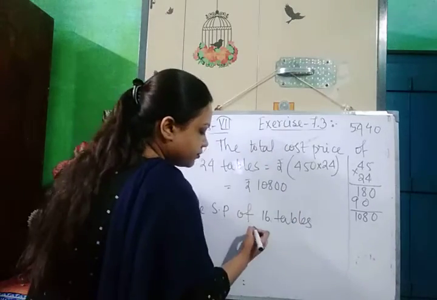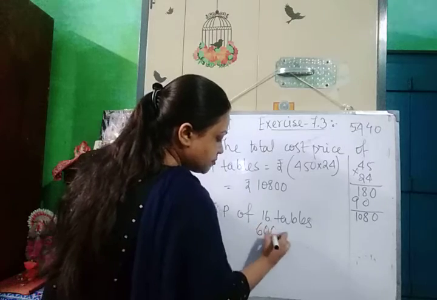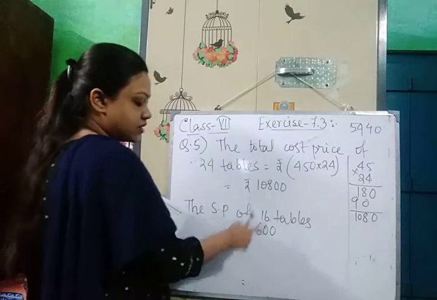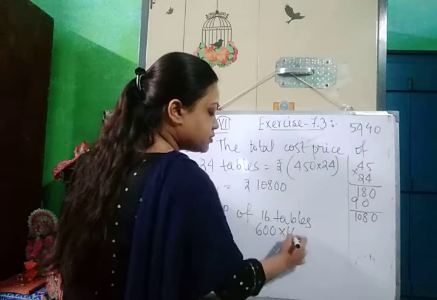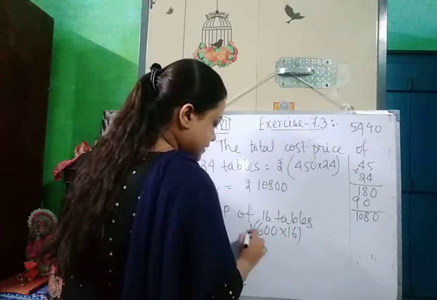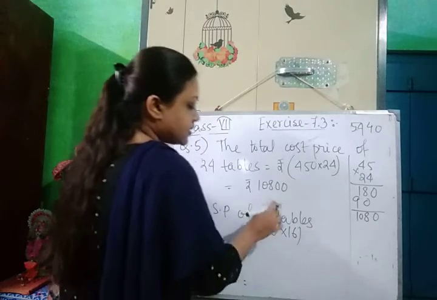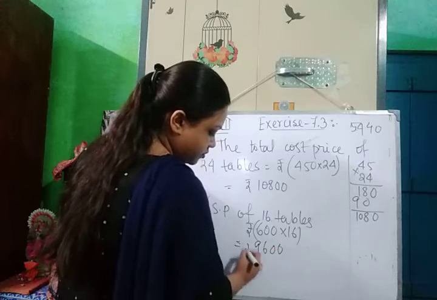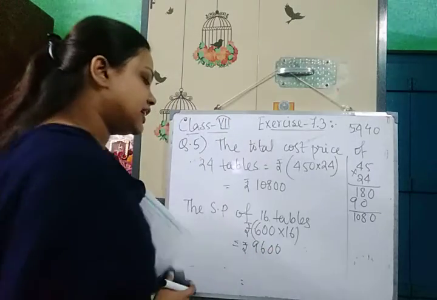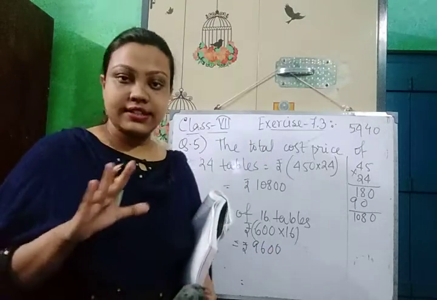The selling price of one table is 600, then 16 tables is 600 into 16. That is the selling price of 16 tables. That means 9600 rupees is the selling price of the total 16 tables.